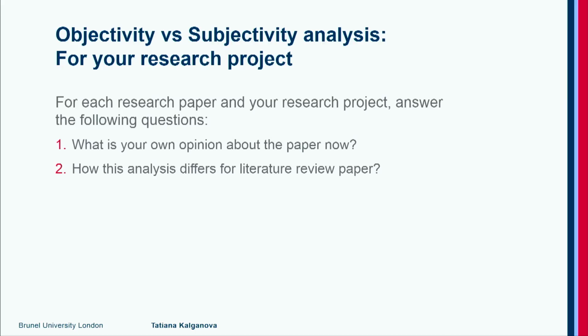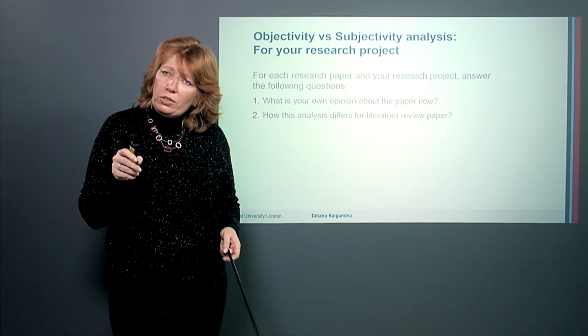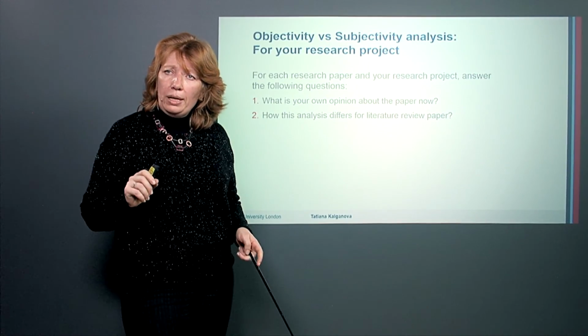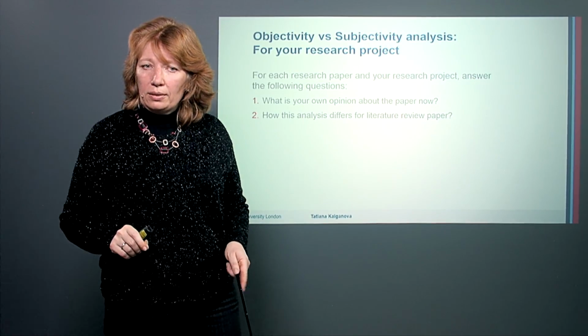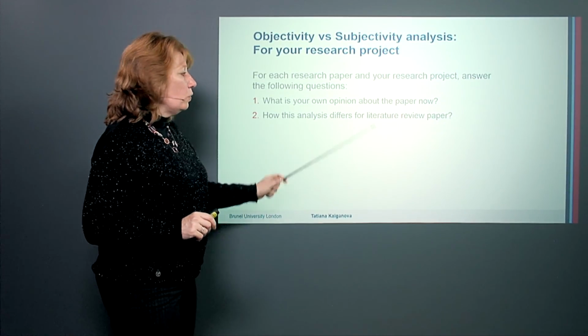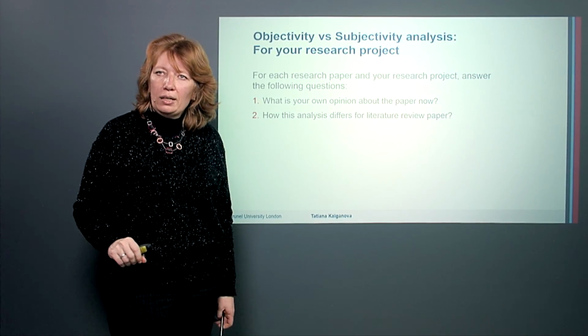You start to understand the boundaries of the paper, how the research question was constructed, how adequate the literature review is, and so on. But have you noticed that the analysis of the literature review paper slightly differs from the other papers?